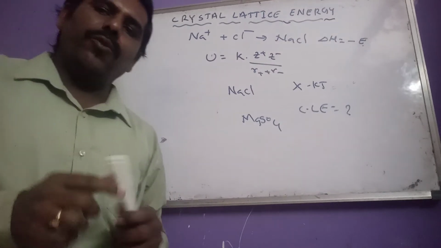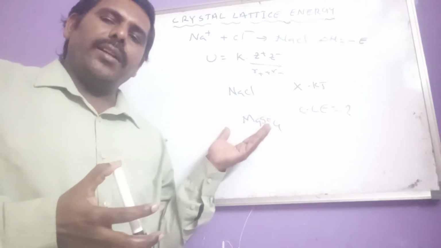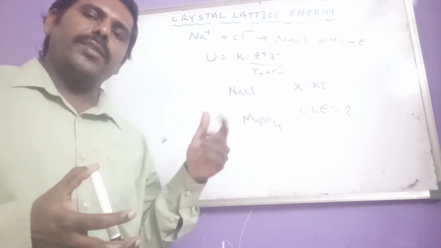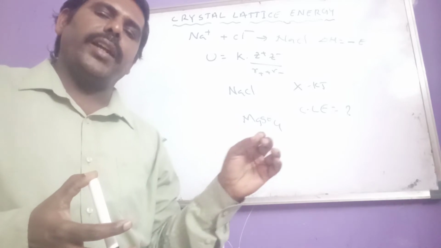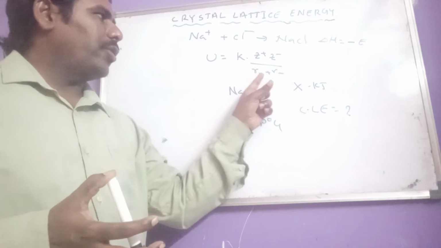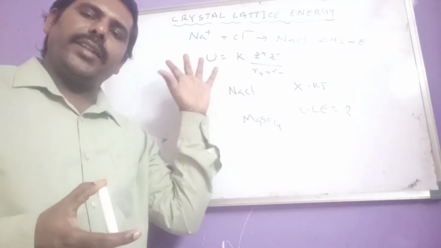Of course, they give one statement here: consider the cation and anion radii of these two compounds almost the same and neglect any changes in the radius of the cation and anion. So we have to neglect the effect of radius on crystal lattice energy.